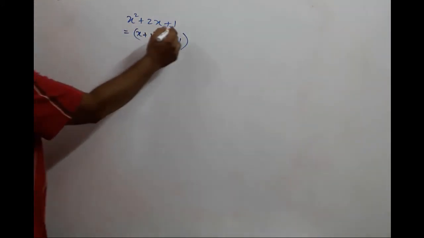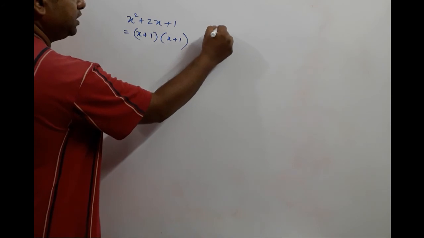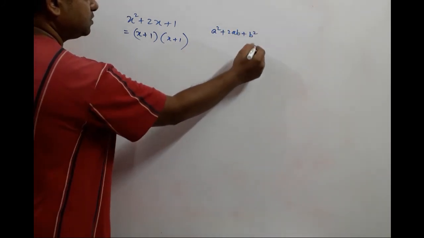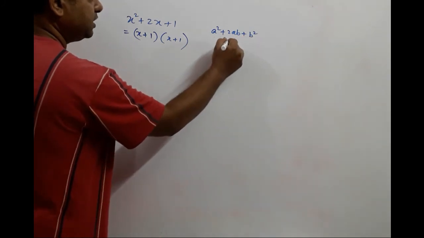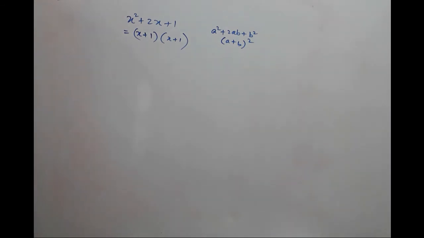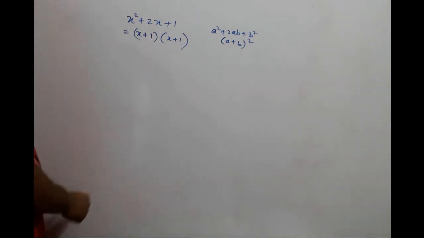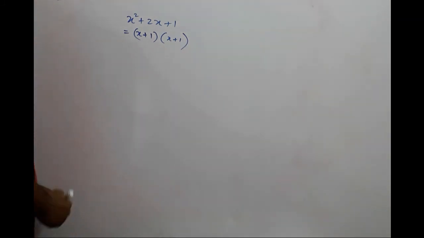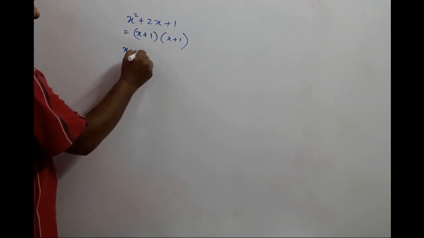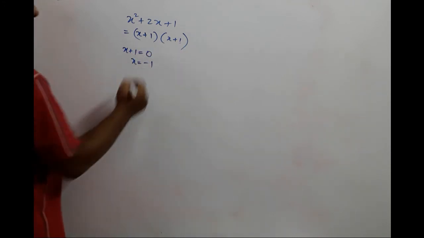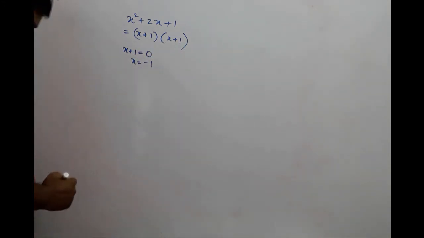This is in the form a square plus 2ab plus b square. It is an identity, a plus b the whole square. So here it is x plus 1 the whole square. So we get the zeros from here, x plus 1 equal to 0, which is x equal to minus 1, which will be the same in both the cases.